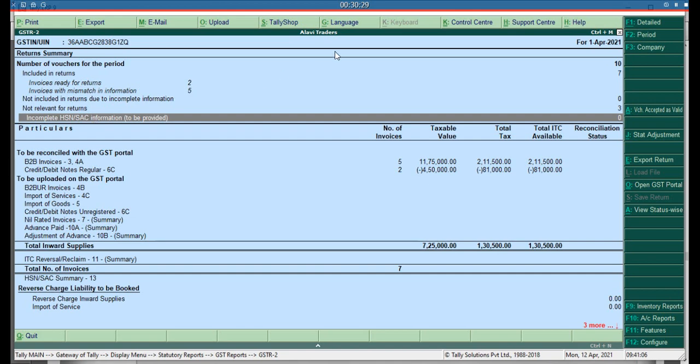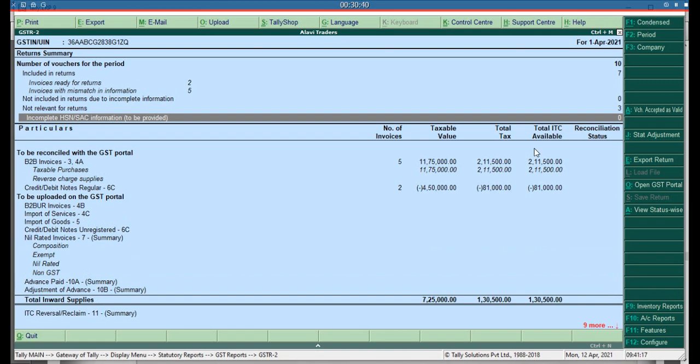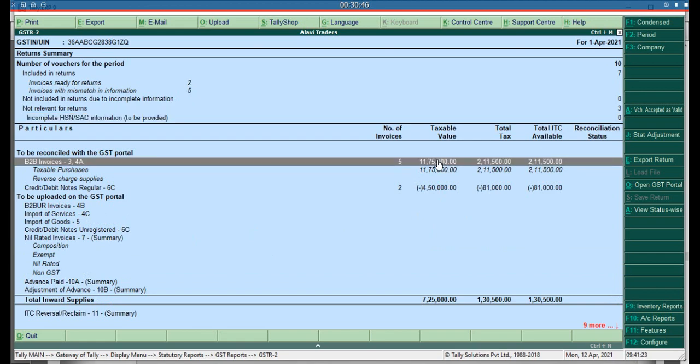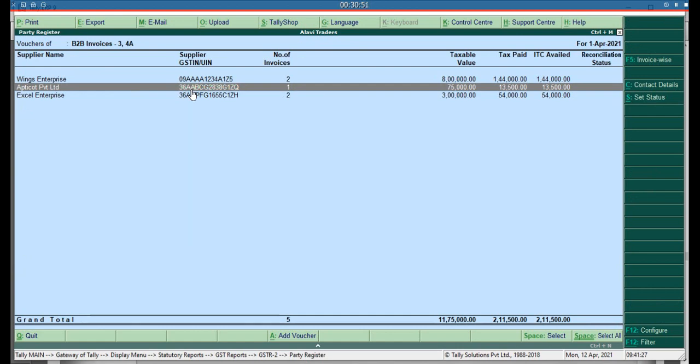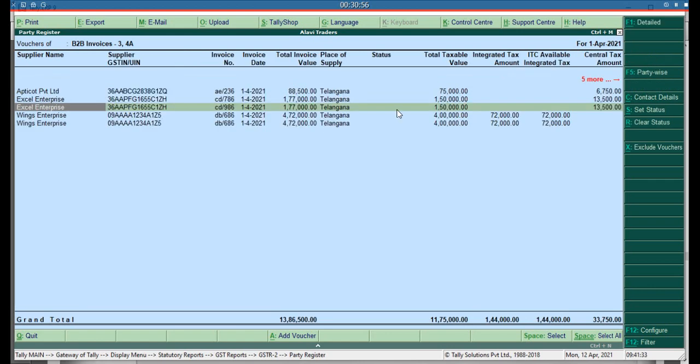HSN numbers are already provided. Accounting reports, inventory reports, view status, load file, adjustment, detailed description. Based on invoice wise. This is the amount, 1,50,000.